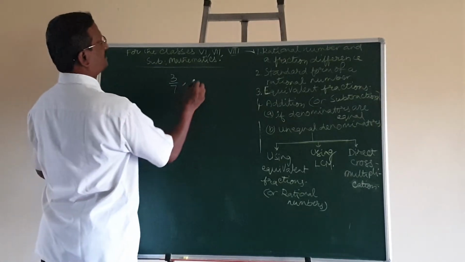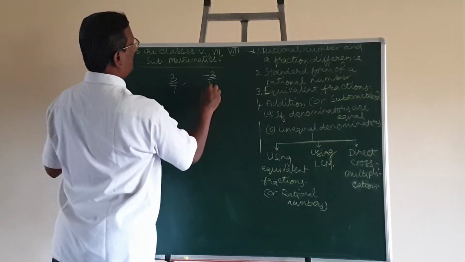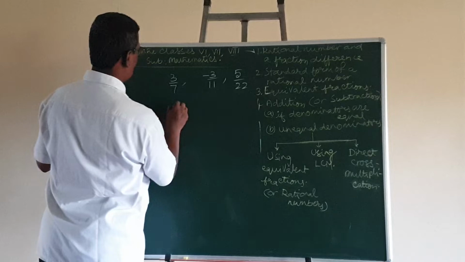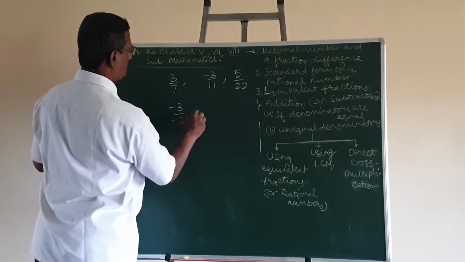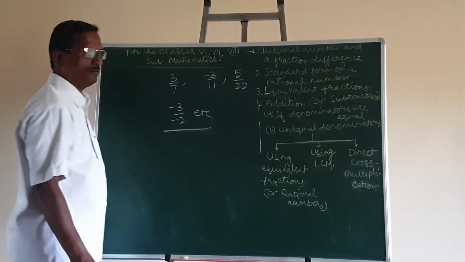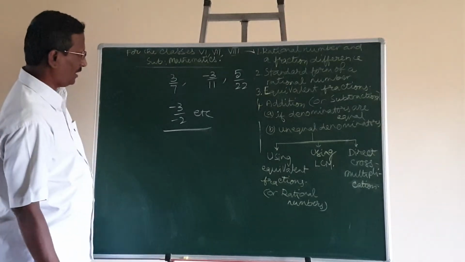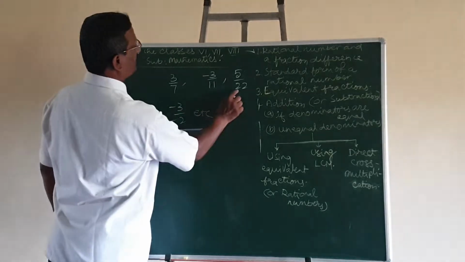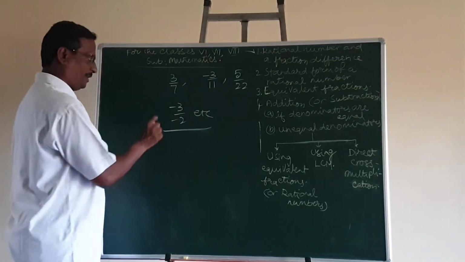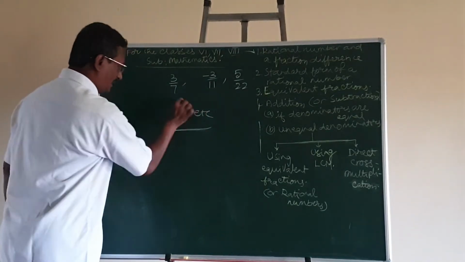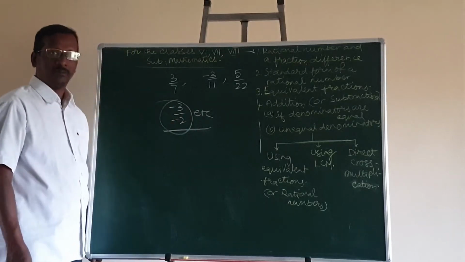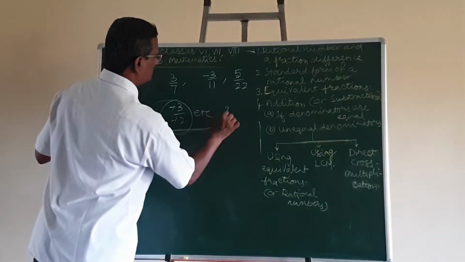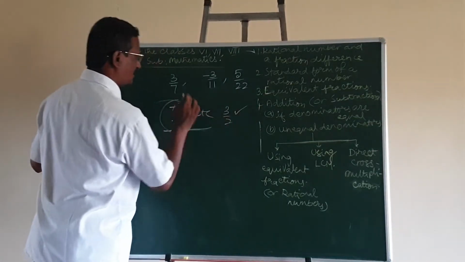Examples of rational numbers in standard form: minus 3 by 11, 5 upon 22, etc. They are all rational numbers in standard form. But in this case, this is a rational number where numerator and denominator both are negative. Here, on cancelling the negative sign, 3 by 2 is the standard form of this number.